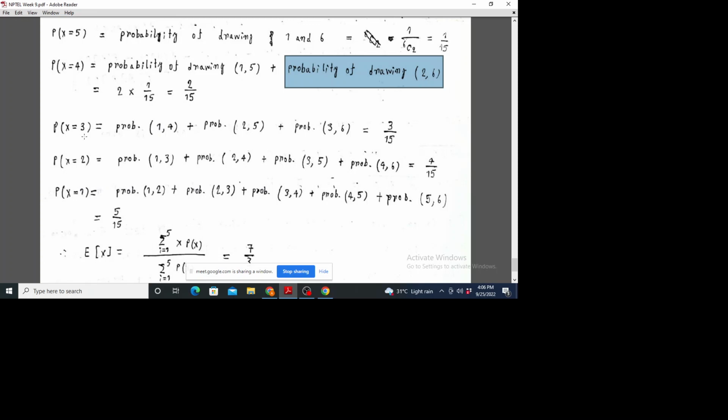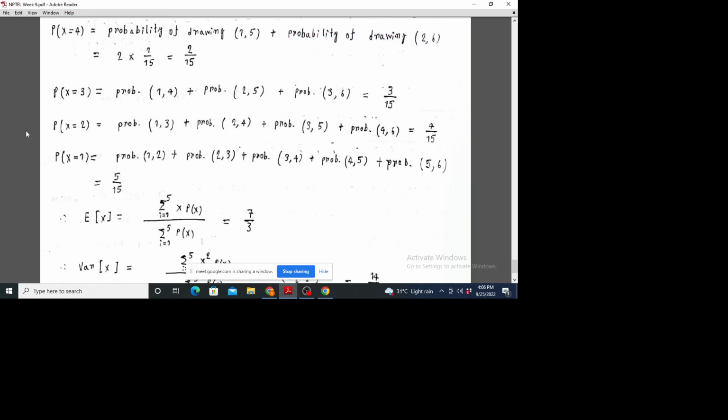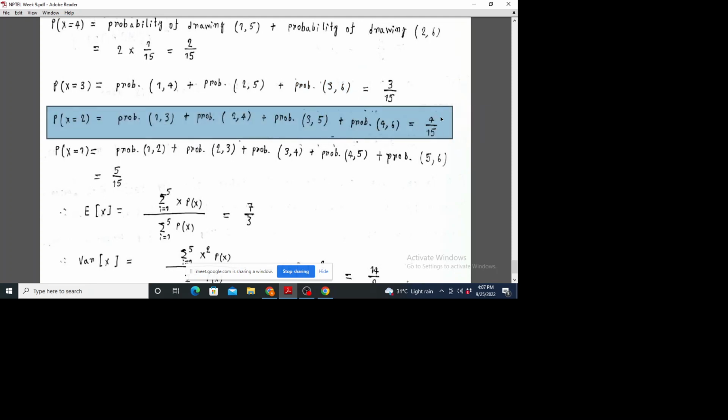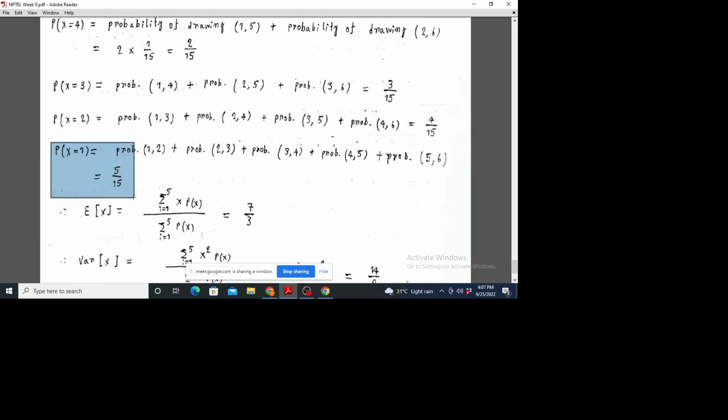Now probability of x equal to 3. There are three possible scenarios: drawing 1, 4, drawing 2, 5, drawing 3, 6. So three scenarios, so 3 by 15. And similarly, as you can easily convince yourself, P(x = 2) is 4 by 15 because there are 4 ways that x can take the value 2, and P(x = 1) is 5 by 15 because there are 5 ways x can take the value 1.